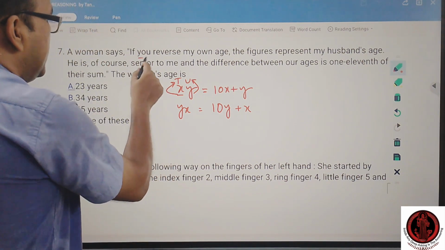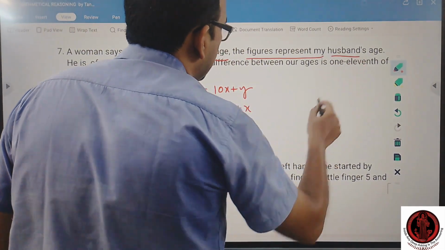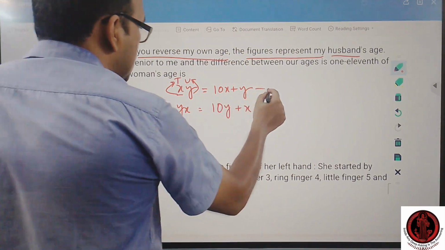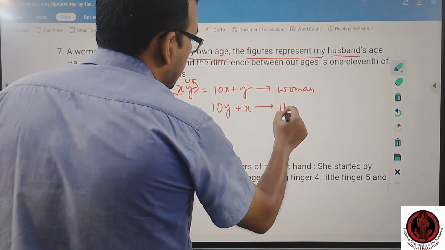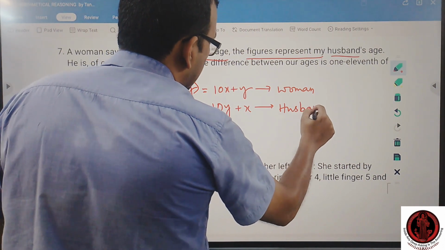So if you reverse my age, the figure represents my husband's age. So this is the age of the woman and this is the age of the husband.